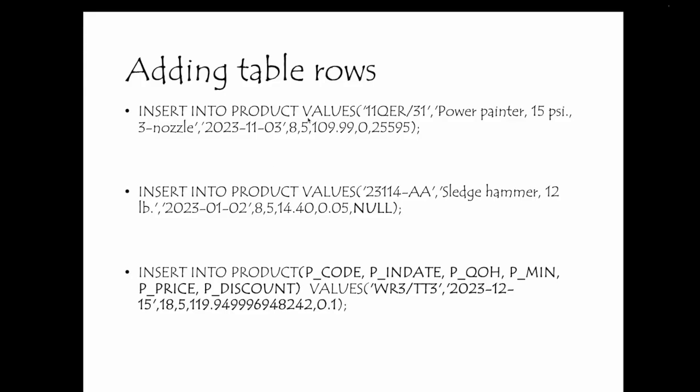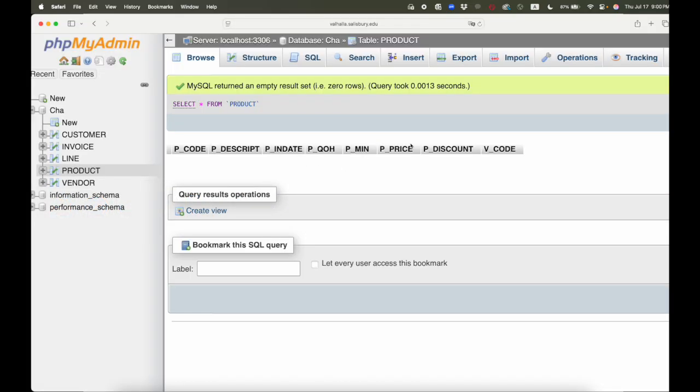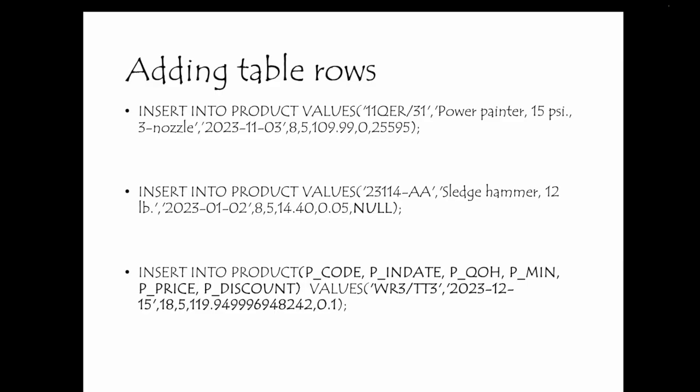Also note that when you directly add those values, you have to provide all 8 values, and the ordering of those 8 values must be the same as the columns listed here. And in this case, sometimes if you have a missing value, even in that case, you have to provide this keyword null.